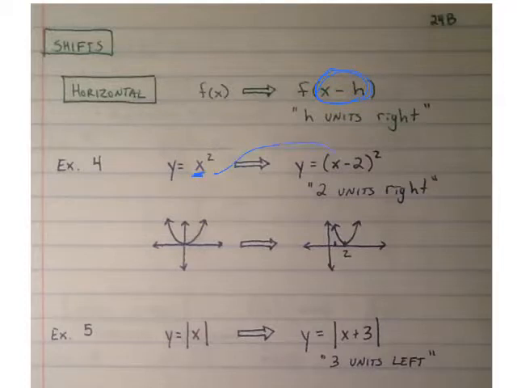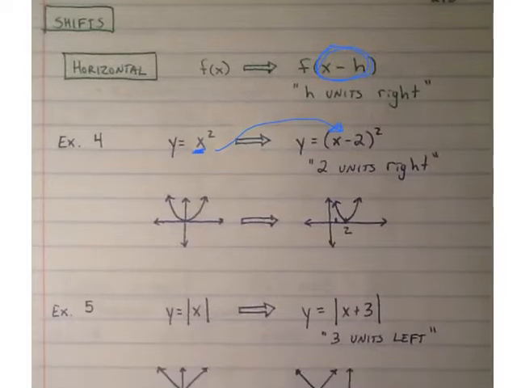That's going to become variable minus h squared. In this case, we're subtracting 2, so that tells us we're moving 2 units to the right. I understand that this is negative, but we're still moving right. It seems counterintuitive, so be careful there. Here we go, 2 units to the right, and I graphed it.